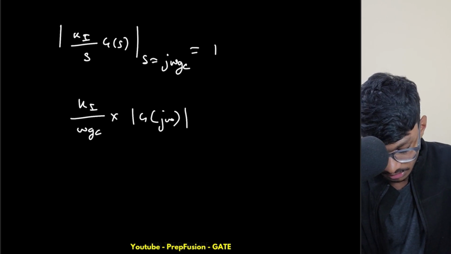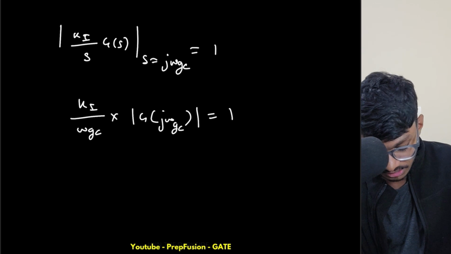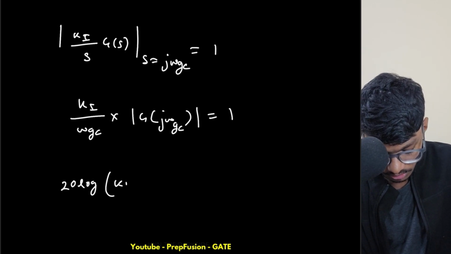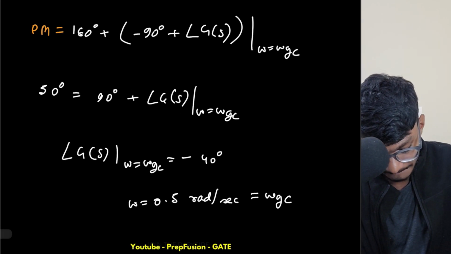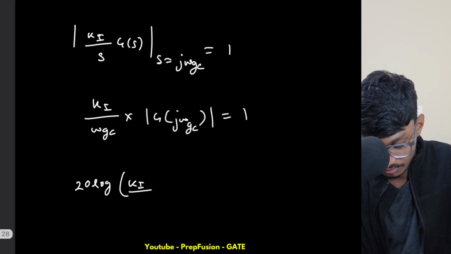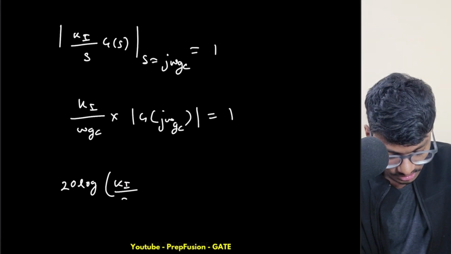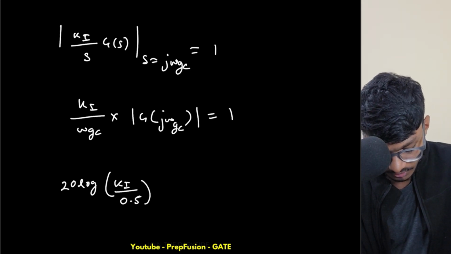Now we can take log on both sides, so this will be 20 log Ki upon omega gc. Omega gc is 0.5. This is a very good question, but you have to find information from here and there. This is doable.